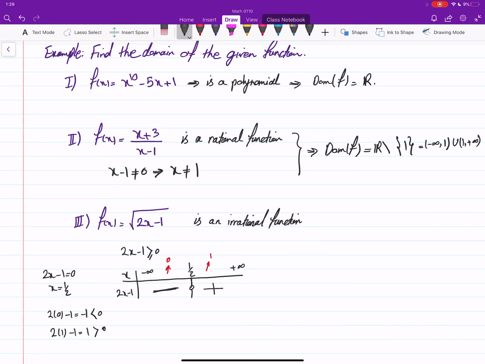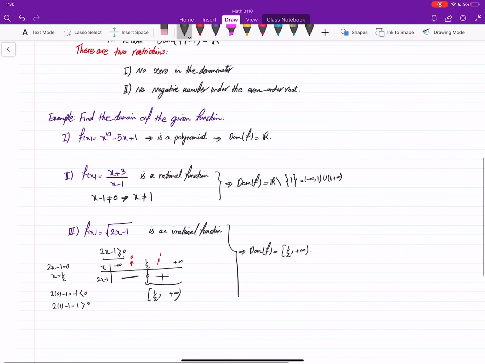We want to pick the part which is greater than or equal to 0. So it will include this piece, and we always have to see whether we are interested in equal to 0 or not. Yes, we are interested. This means that we can start from 1/2 and go up to plus infinity, including 1/2. So the domain of this function is [1/2, plus infinity).